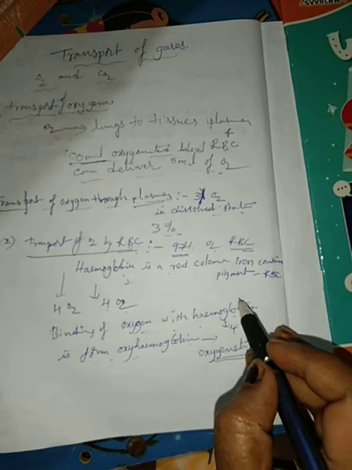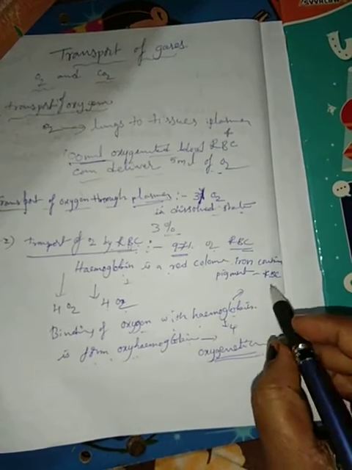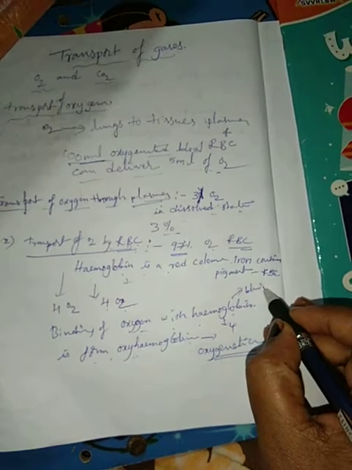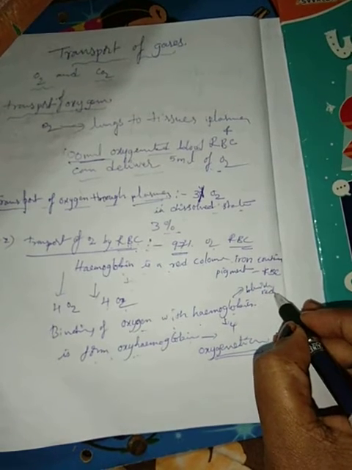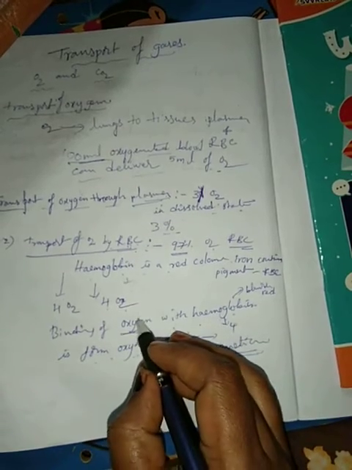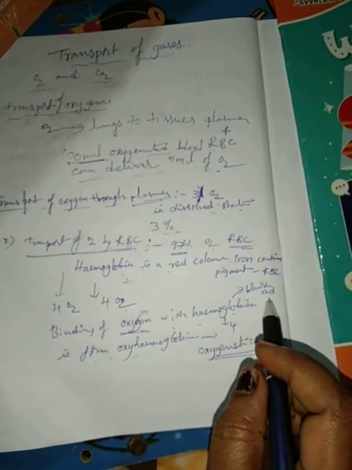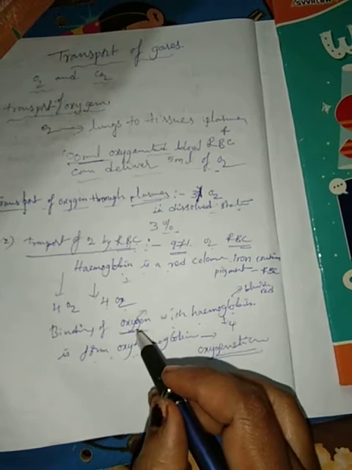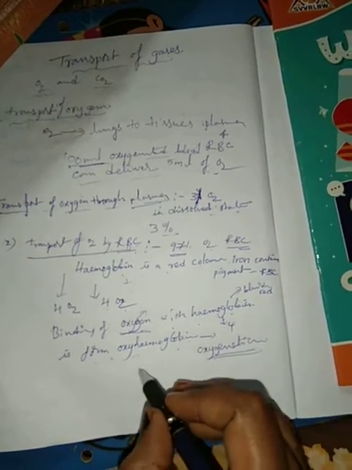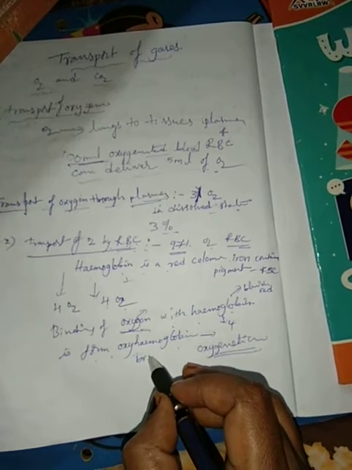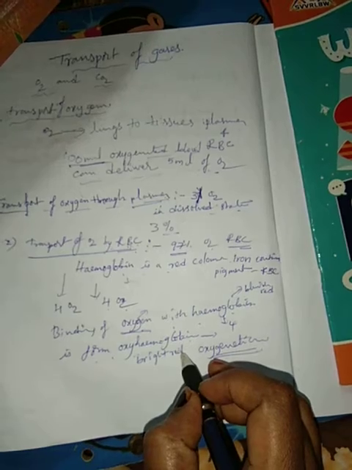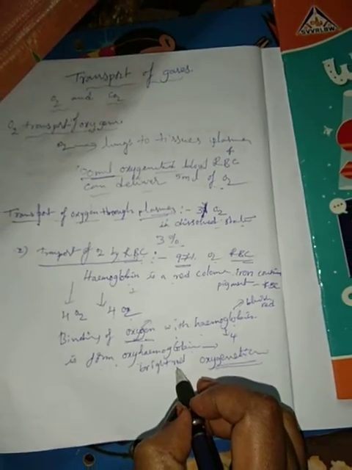The hemoglobin color is purple, bluish red. When it binds with oxygen molecules, it forms the bright red color of oxyhemoglobin. Okay.